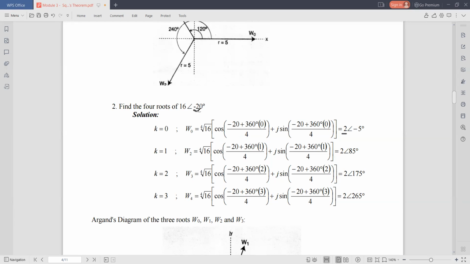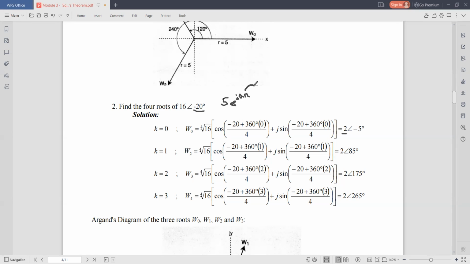Okay, so we have here the given. May given angle that is negative 20, so you just replace it here with negative 20. How about if the given here is exponential? Let's say 5e to the j, let's say 0.12.